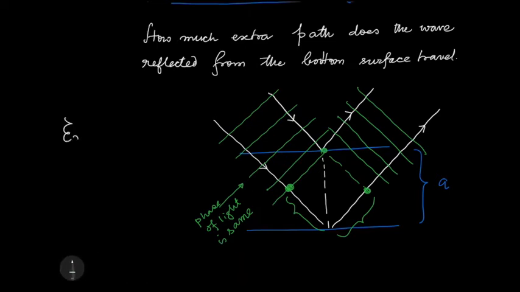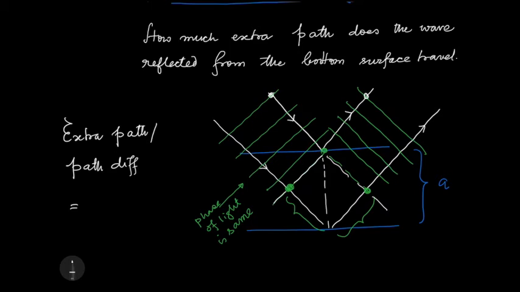So I can immediately write down, just from the geometry, the extra path or the path difference. Up to this line the path is the same for the top and the bottom reflection, and here also again the path is the same.